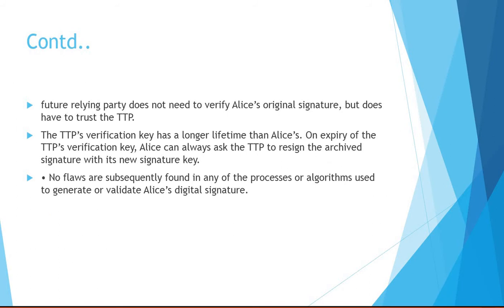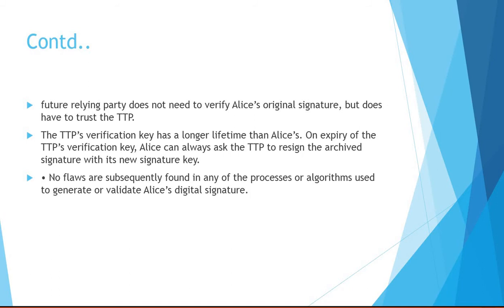If the trusted third party has Alice's digital signature, once they receive it, in the future there is no need for them to validate her once again, because trust is already established between Alice and the trusted third party.